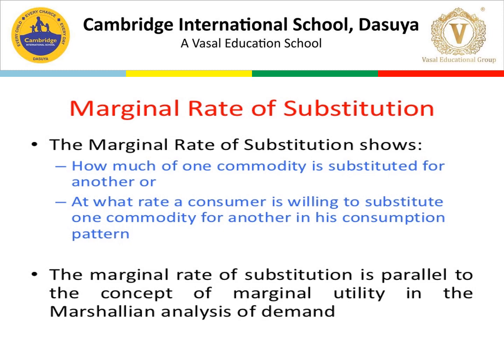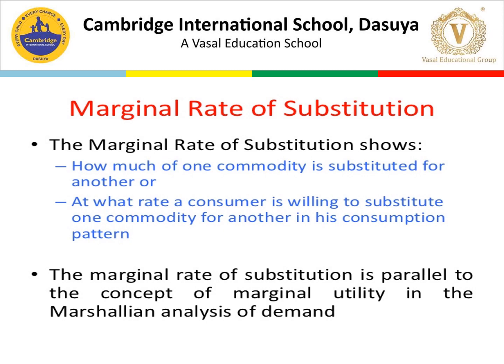If we prefer one combination of commodities and, for gaining more of the other commodity, we need to sacrifice some of one, that is the marginal rate of substitution. At what rate is a consumer willing to substitute one commodity for another in his consumption pattern? This is always given by the marginal rate of substitution.